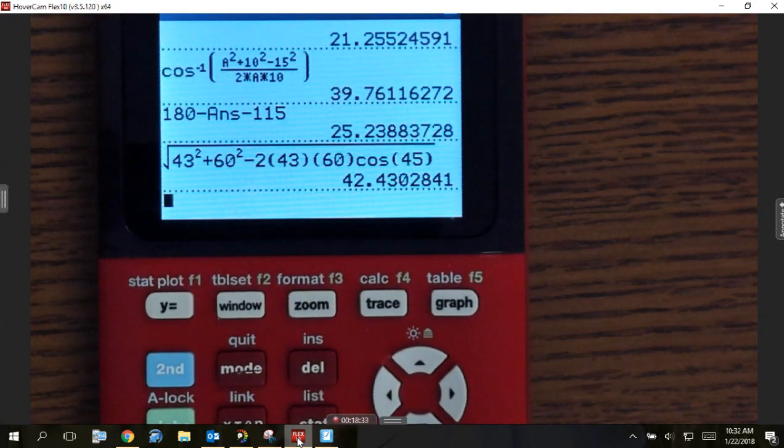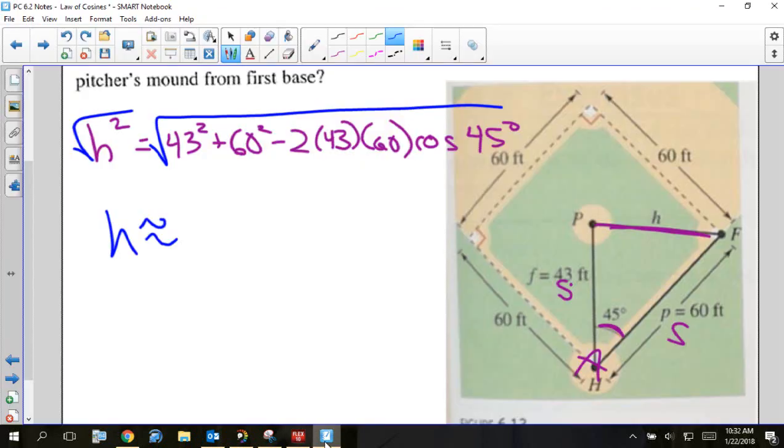So you get 42.430. Could we find the angle if we wanted to? We could. Could use law of cosines to find it.